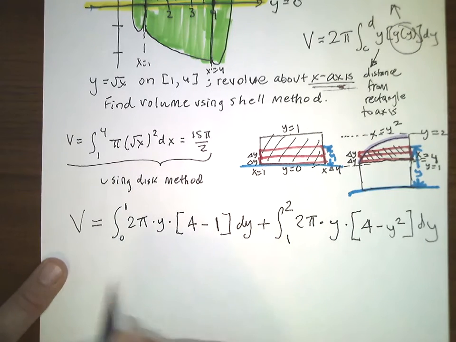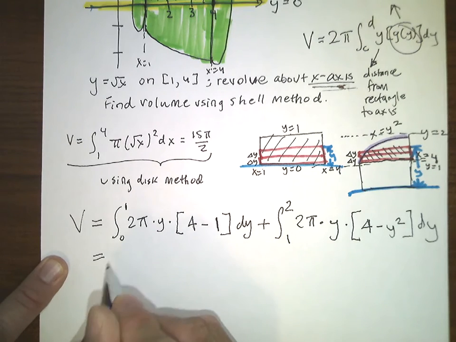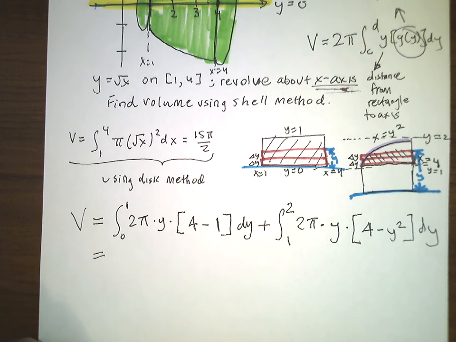All right, so now of course, now you see that this is a completely more complicated setup than when I used the disk method. All right, so this tells you why sometimes you really do want to use the disk method, and sometimes why you want to use the shell method.